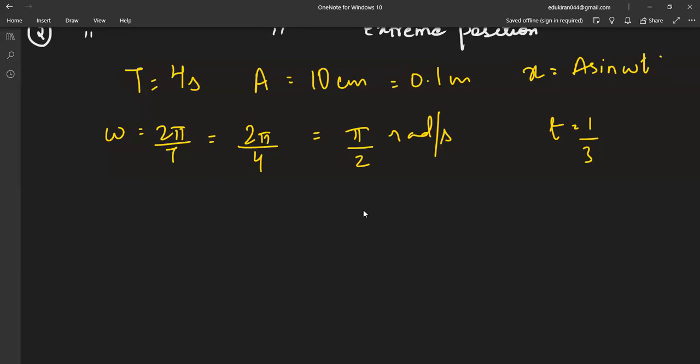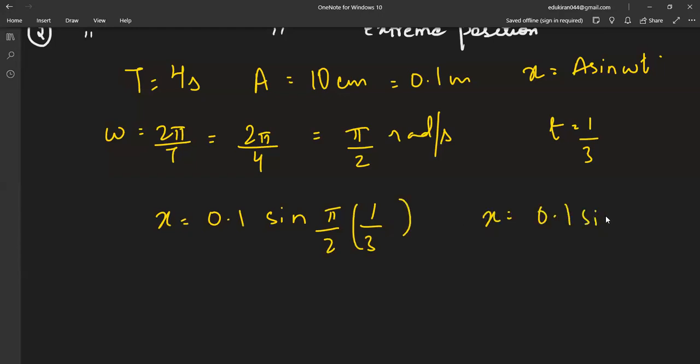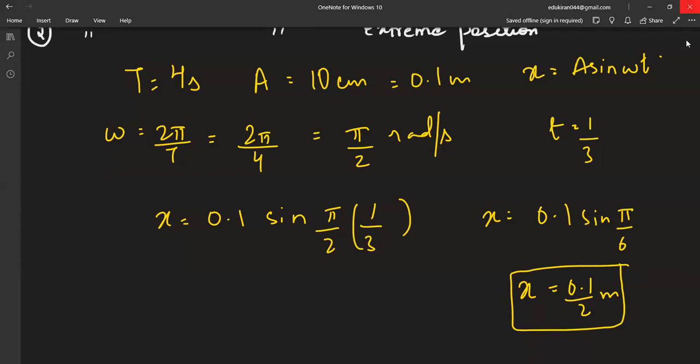So what should our equation be now? 0.1, that is A, then sine, then omega, and t is this. So equation will be 0.1 sine pi by 6. Pi by 6 you can substitute also, you will get half. So x will be equal to 0.1 by 2 meters. So this is all about displacement.